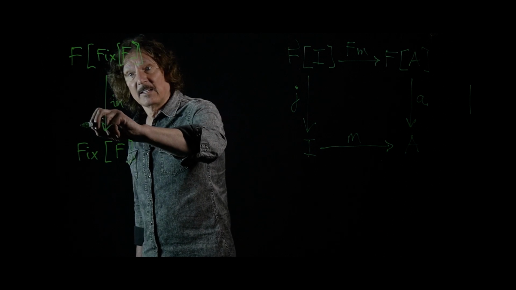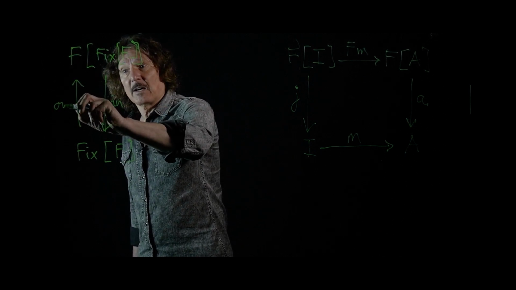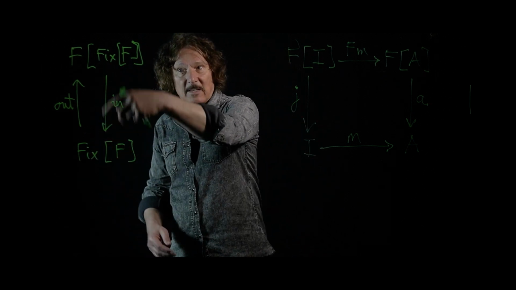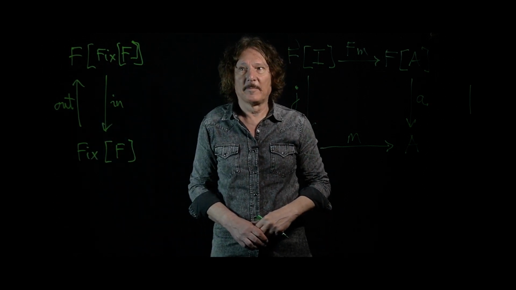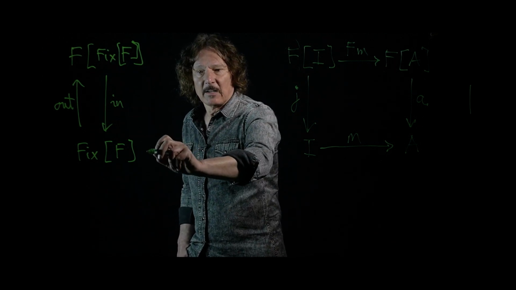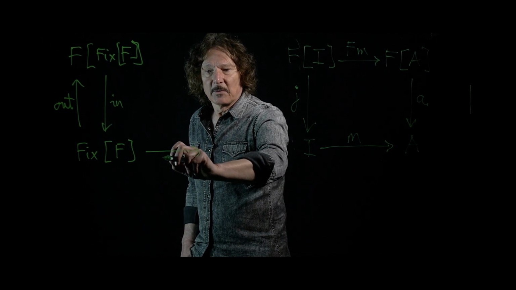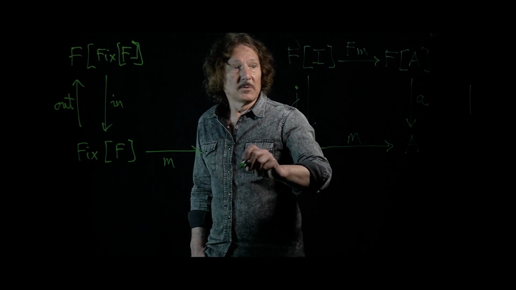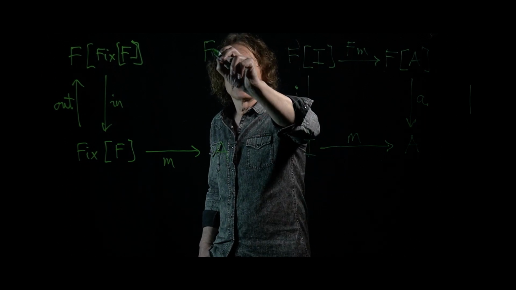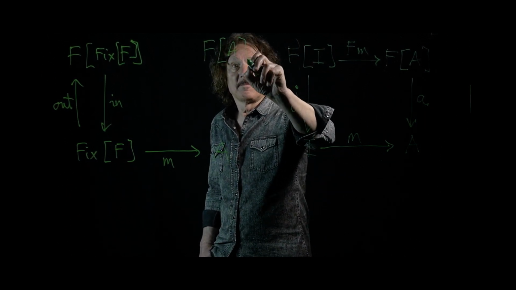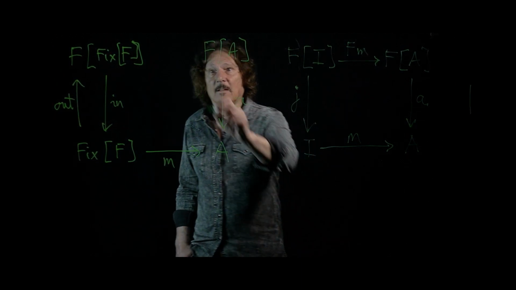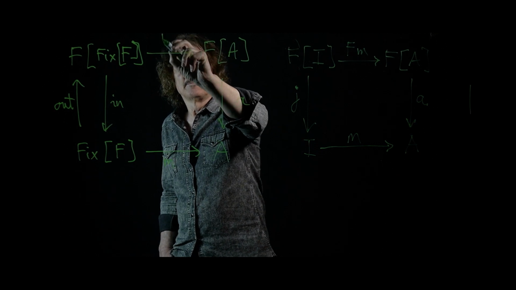It also has an inverse, which was out. Lambek's lemma says that this is an isomorphism. But because this is an initial algebra, there is a unique algebra morphism M to any other algebra with a carrier A. So here's f of A and some evaluator a. This is the lifted M.